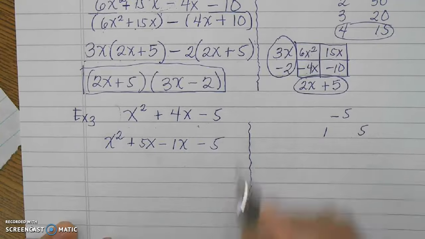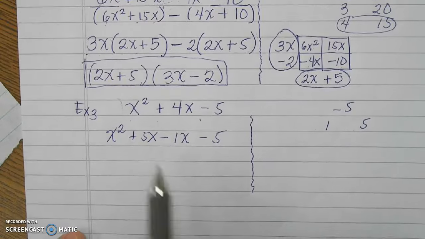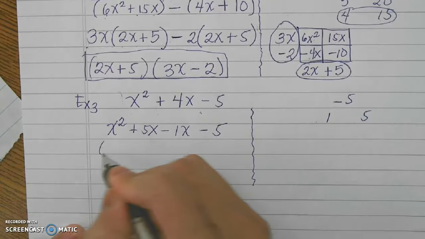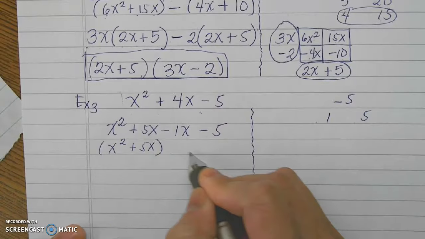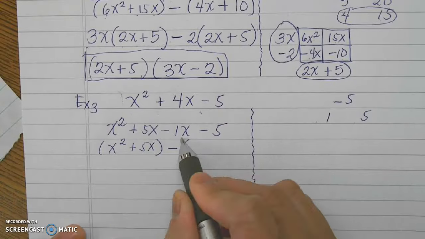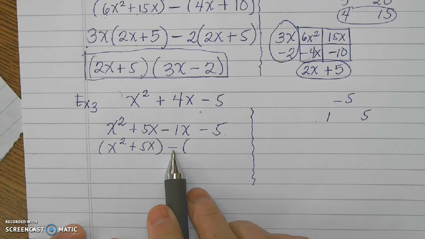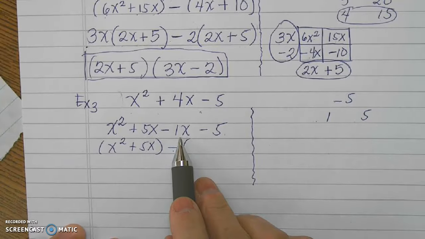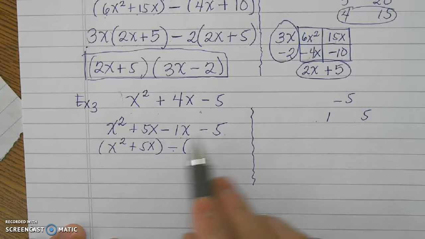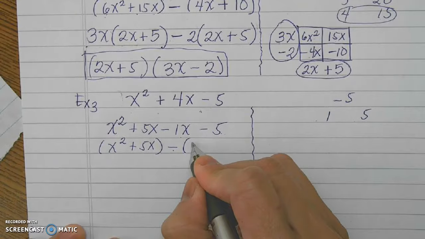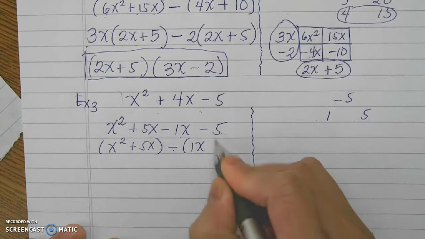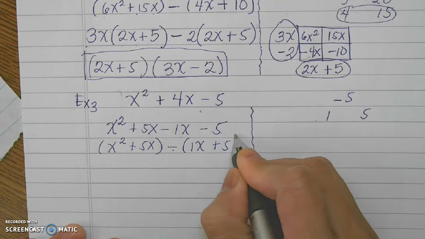minus 5. I am going to group these two. And I'm going to group these two. And again, I'm using a negative outside. Make sure that you change the signs of the terms inside. So this is going to be a positive 1x, and that is going to be a positive 5.